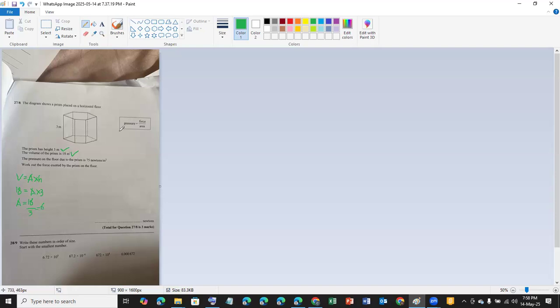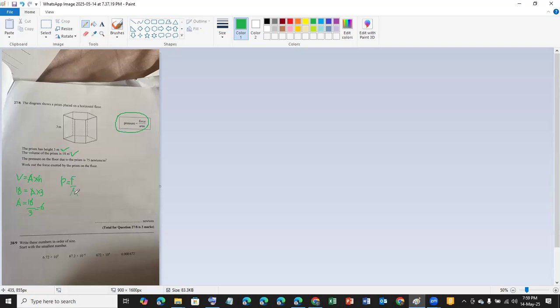Now that I know the area, just follow this formula. It says that pressure is equal to what? Force per unit area. And it's the force that we're looking for.